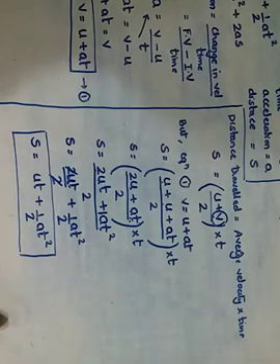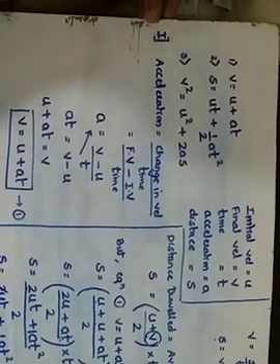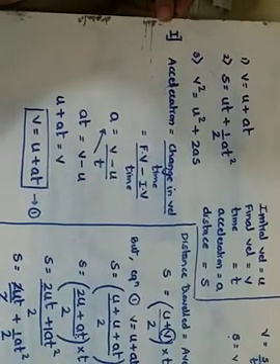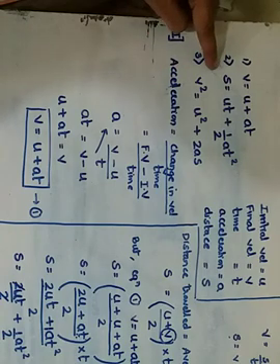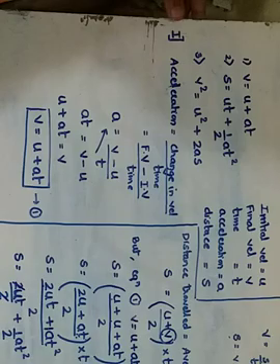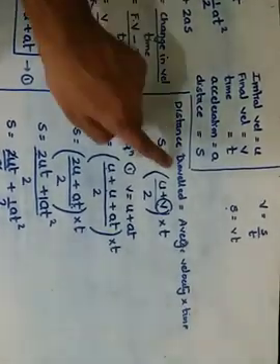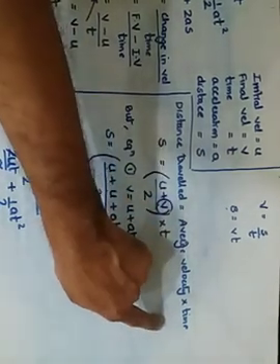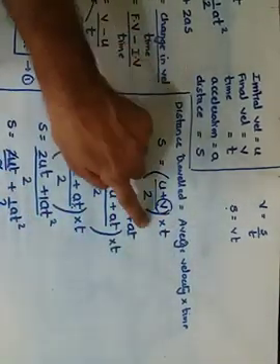Getting it? Have a better look at it. The previous part, for your revision sake, just go through it. This is your second equation, S is equal to ut plus half at square, which I have derived by using the formula for distance travelled is average velocity into time, but the average velocity is (u plus v) upon 2 into t.